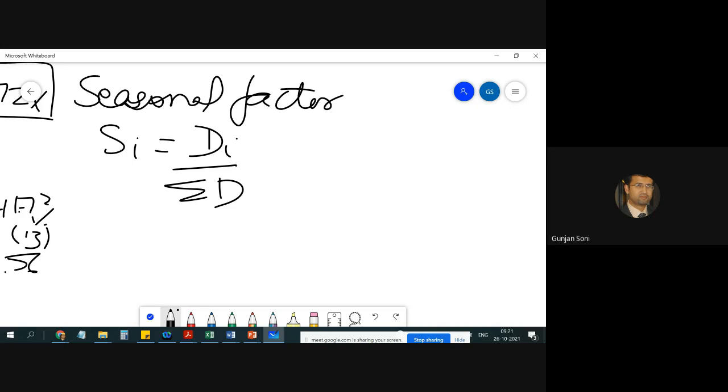So we have to define the seasonality before we go ahead. You have to have some knowledge about the seasons in the data. So let's say we have data somewhat like this.